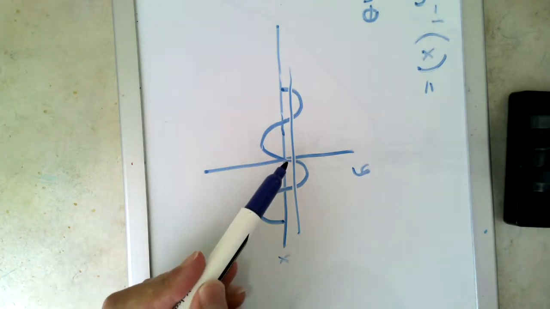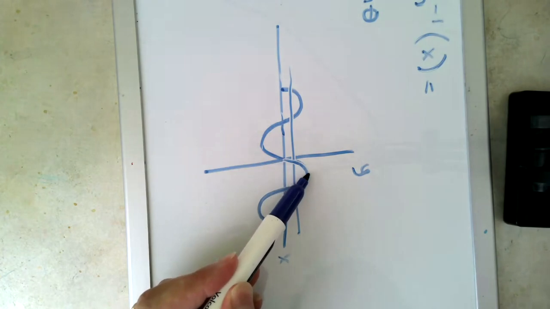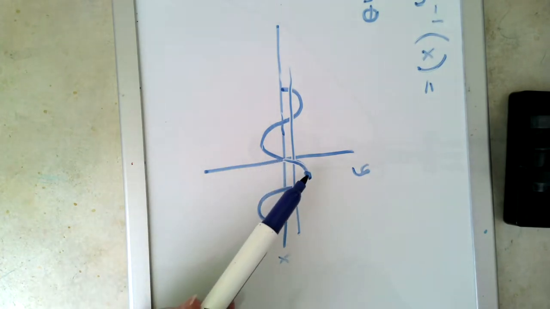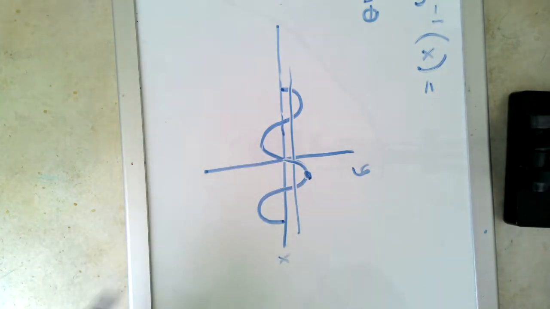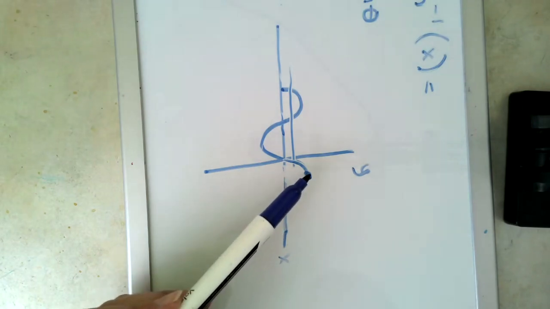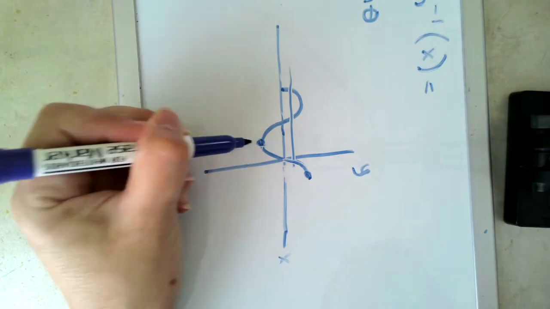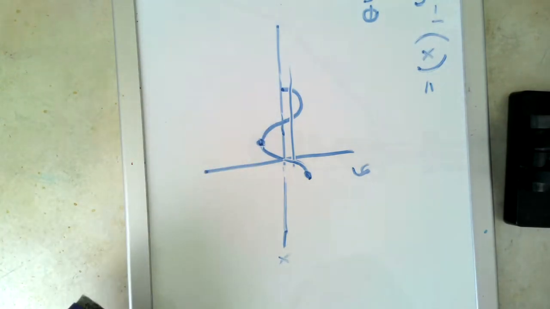When we take a look at our sine, we can go all the way to our maximum without repeating any points. As soon as we turn the corner, we start repeating points, so we fail our vertical line test. So we'll cut that off at the maximum. Similarly, if we go backward, we can go all the way to our minimum before we start to repeat any points. So we'll cut that one off there.